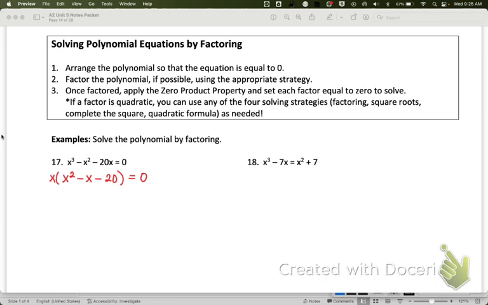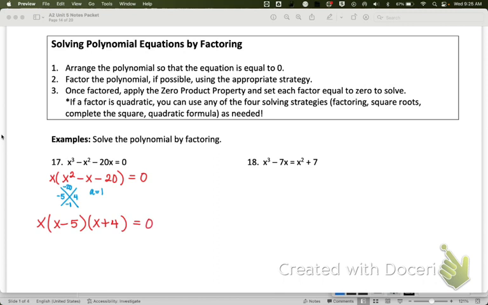Okay. Now we look at what's left inside, and it is quadratic. So I'm going to say what multiplies to -20 and adds to -1. It's going to be -5 and +4, and this is an a equals 1 shortcut. So we get x times (x minus 5) times (x plus 4) equals 0.